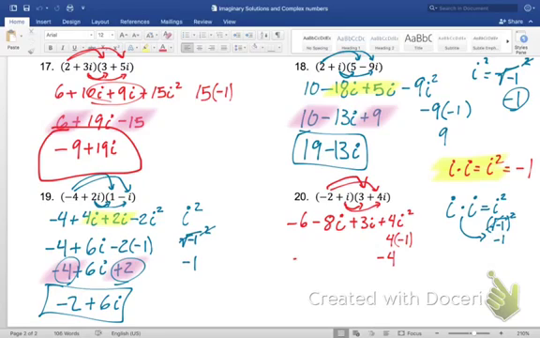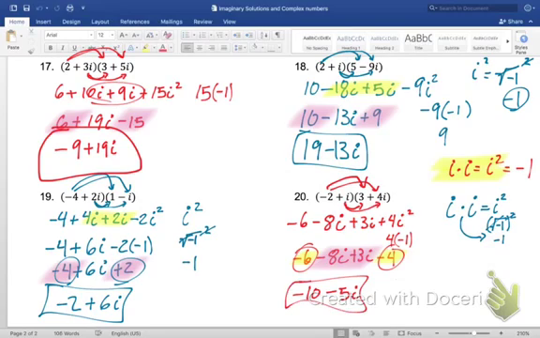I break everything down: negative 6 minus 8i plus 3i, and combine like terms. I'm going to do the numbers first. Negative 6 minus 4 is negative 10. And in here, negative 8i plus 3i is negative 5i. That is my final answer.